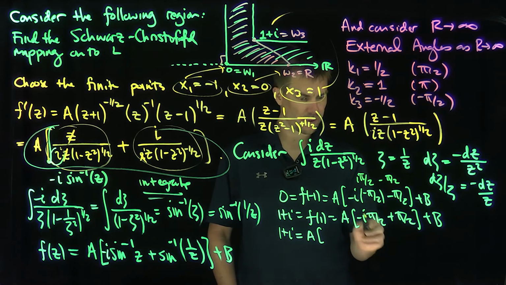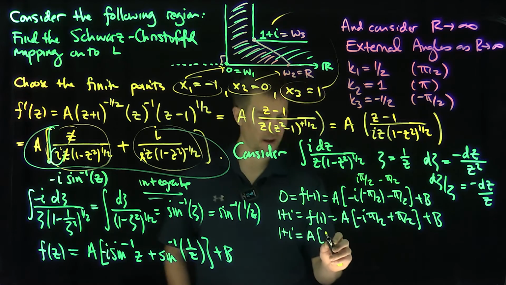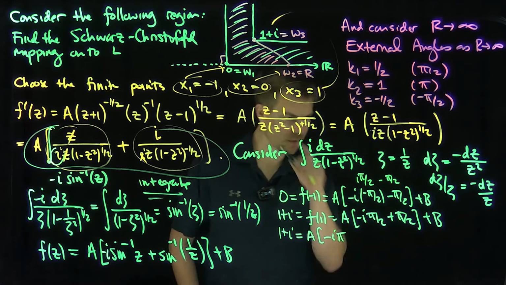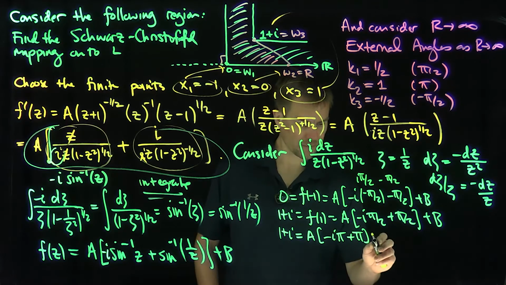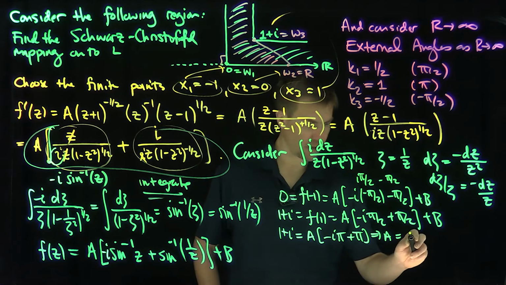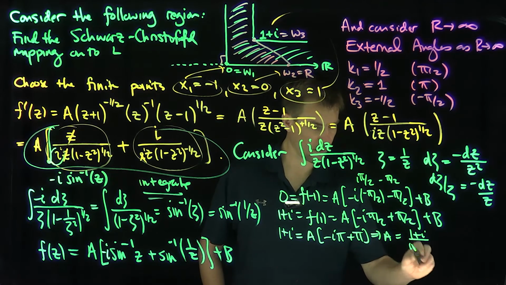If I subtract these things, I'm going to have a negative i pi from those terms, and subtract those, I get a plus pi, right? So that tells me that A is going to be 1 plus i over pi, and then 1 minus i.